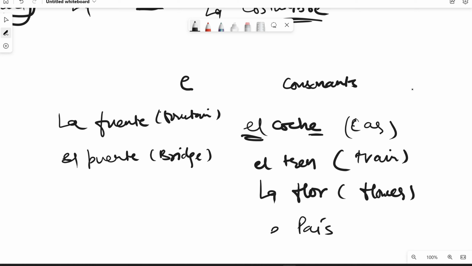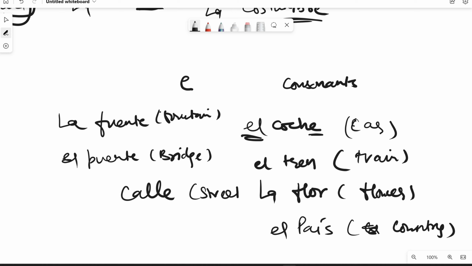País, which is a city, el país. Sorry, country, el país. Calle, which is a street, la calle. Clase, which is a class, la clase.